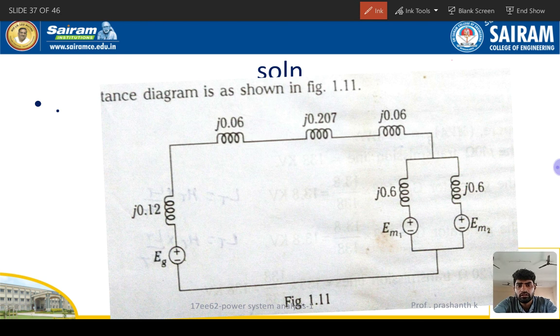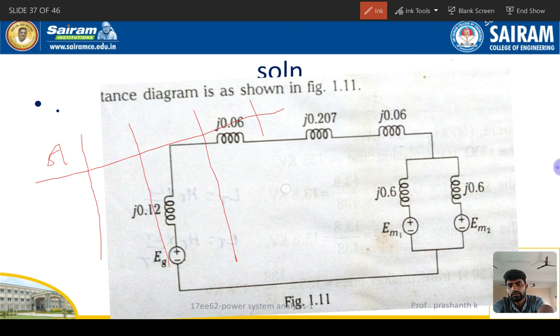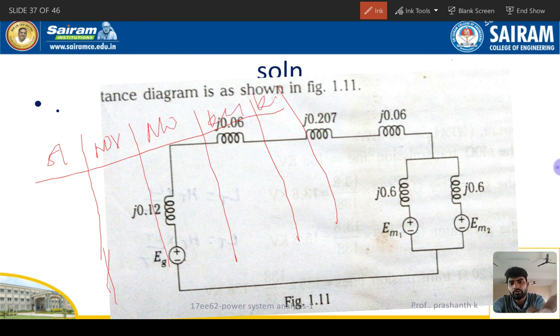Just make a table like this, with a serial number. So here one table, here one table, here one. This is MVAb new and MVAb old, kVb new, kVb old and reactance value X pu new. You do like this. First you take the generator.